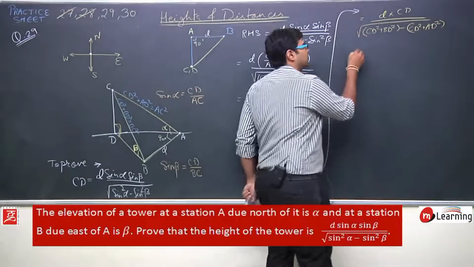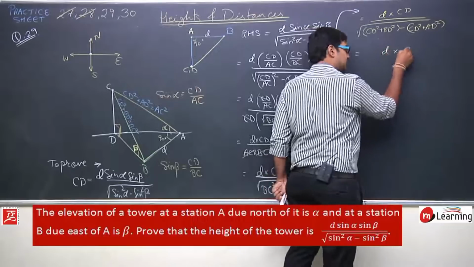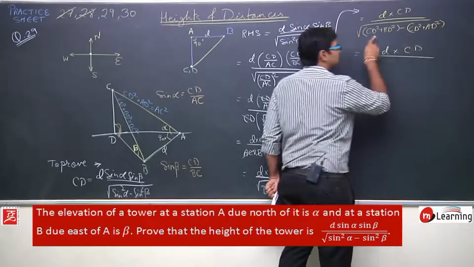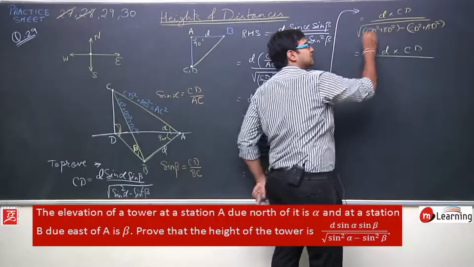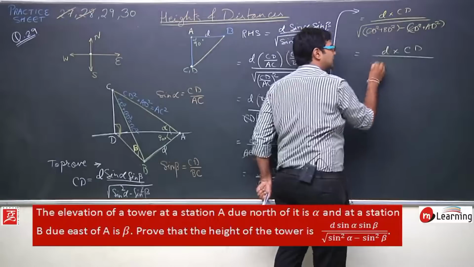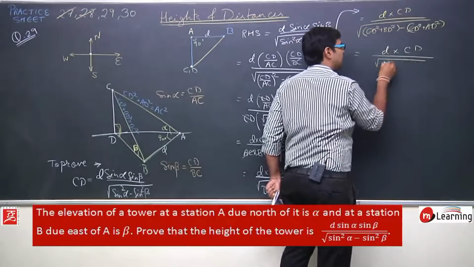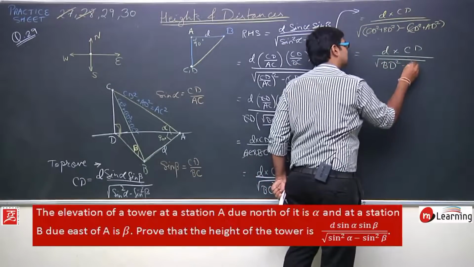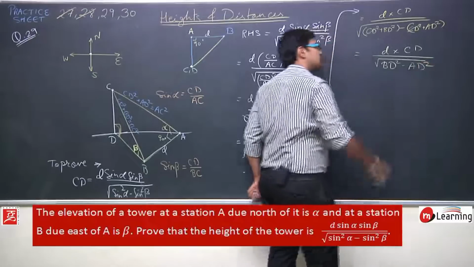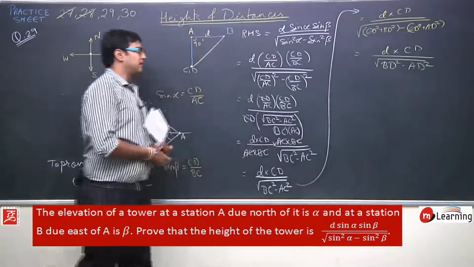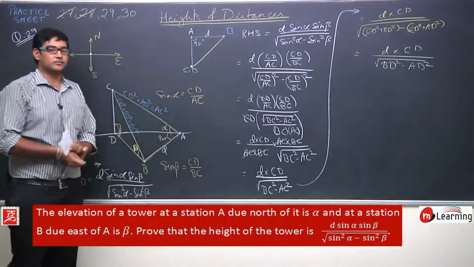Now further you will get D times CD upon, when you open the brackets this CD square and CD square will get cancelled, and in the bracket you will be left with BD square minus AD square.